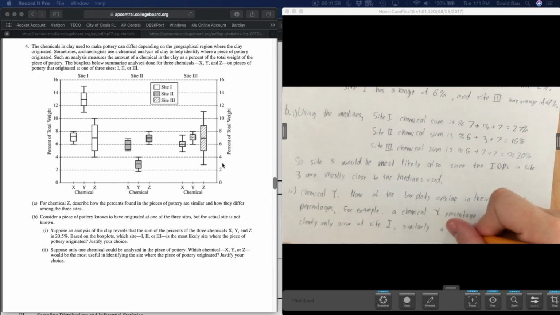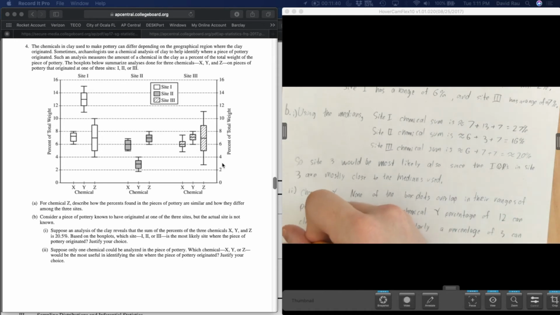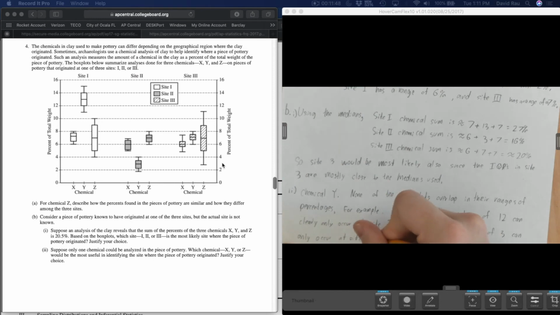Similarly, a percentage of 3 can only occur at site 2, right?